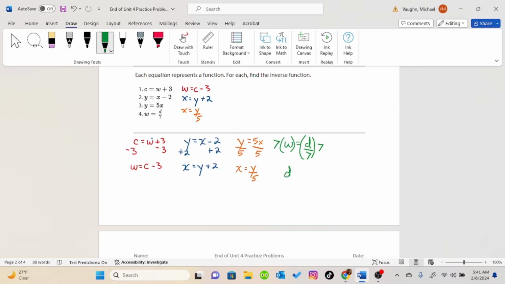Now I have an equation that says d equals 7w. Instead of an equation that solves for w using d as an input, I now have an equation that solves for d using w as an input. This is how you write inverse functions.